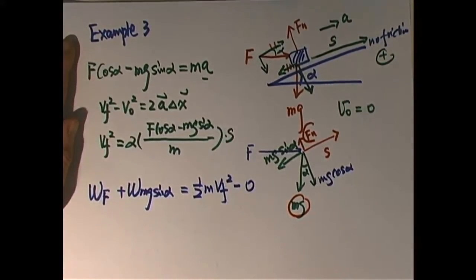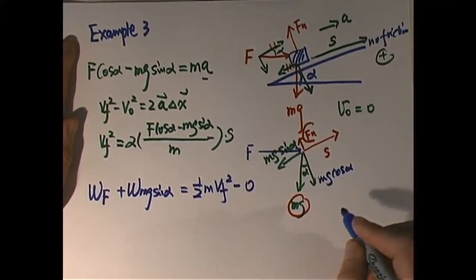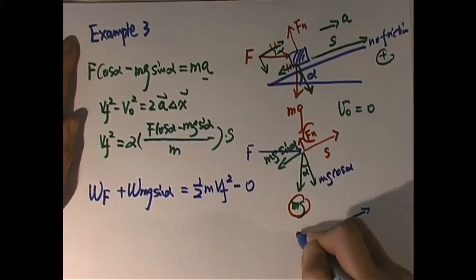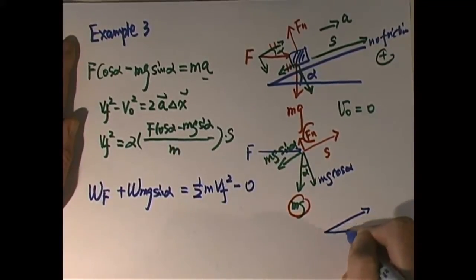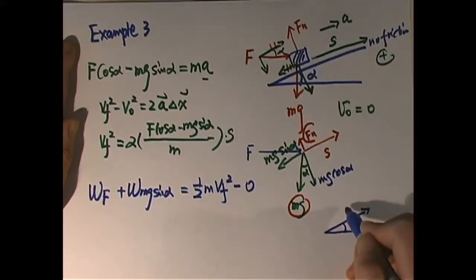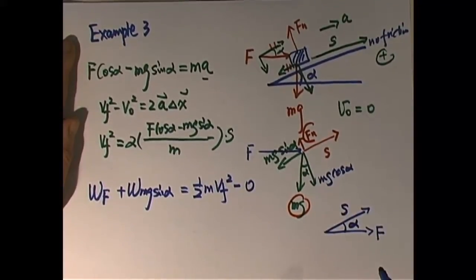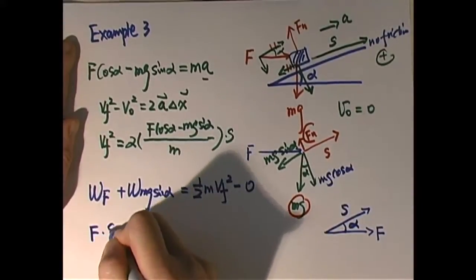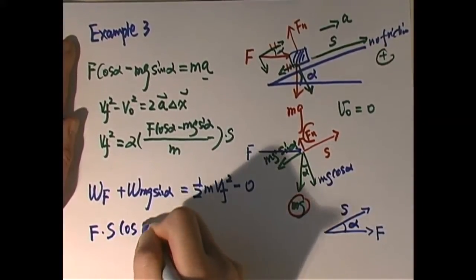Now how do we get the work done by F? Let me draw the picture. If displacement is this way, F is horizontal. The angle is similar to that between the ground and the slope, because this s is along the slope, so the angle is alpha. Work done by a force is the force magnitude times displacement times cosine of the angle between them.